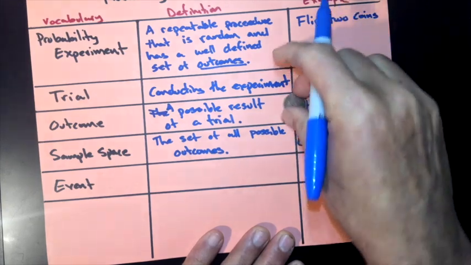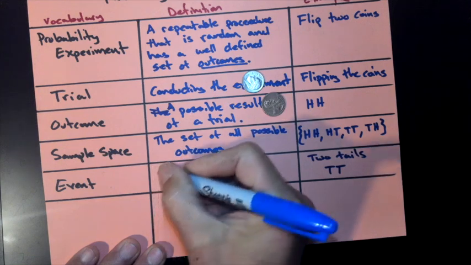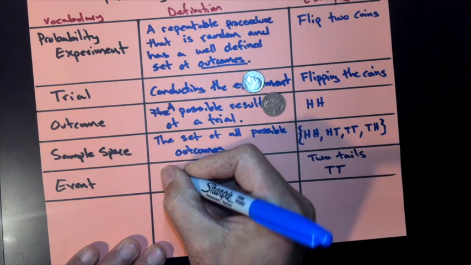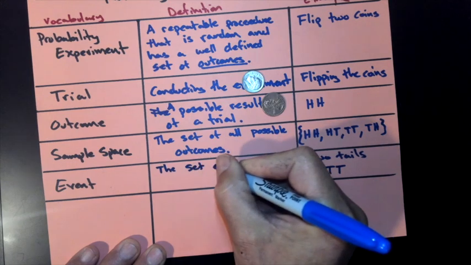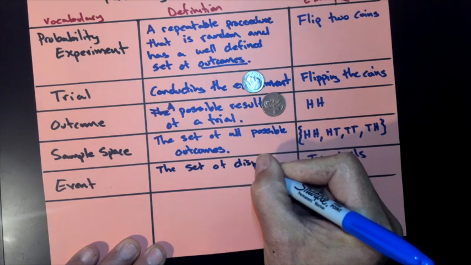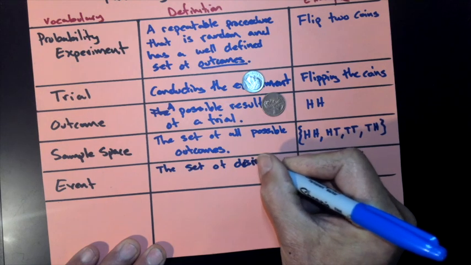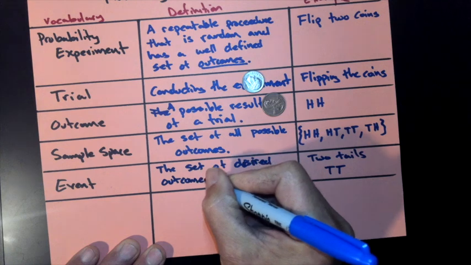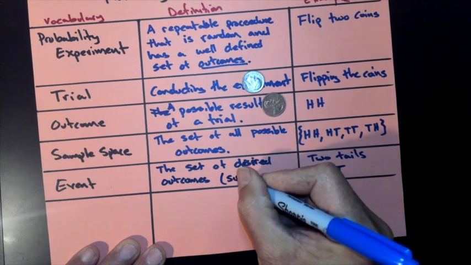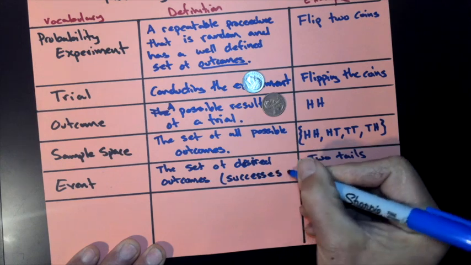So the event is the set of desired outcomes, or sometimes we use the word successes for desired outcomes.